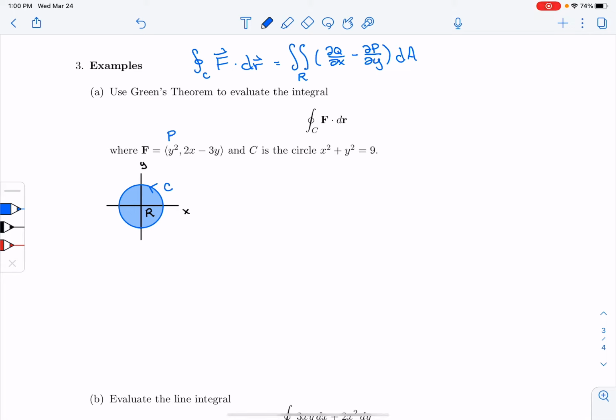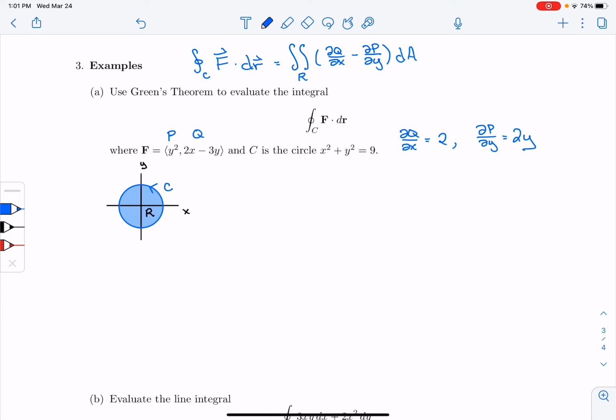F being the vector field P, Q, and I'm going to notice that dQ/dx in this case is going to equal 2, and dP/dy is going to equal 2y.